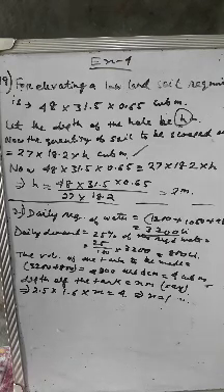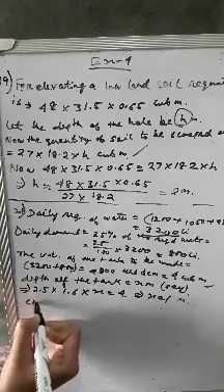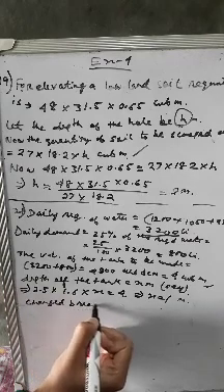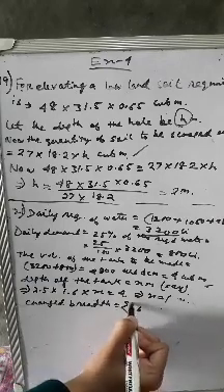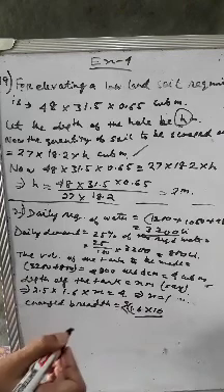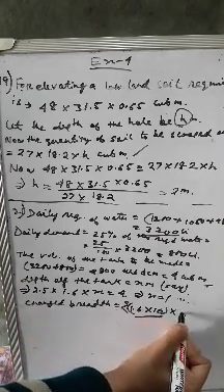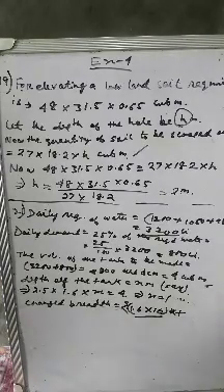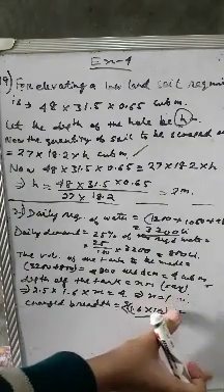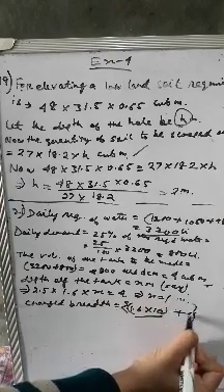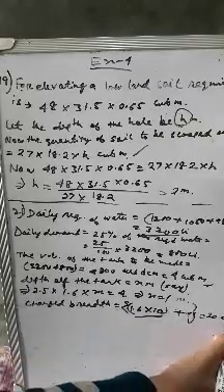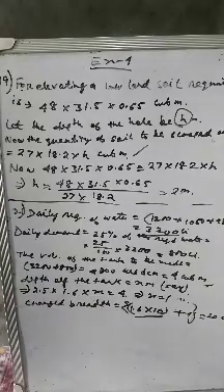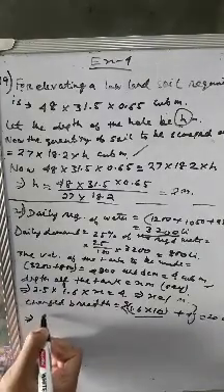If the breadth be 4 decimeter more, then changed breadth equals 1.6 into 10, this is the conversion part, students, that's why I am multiplying it by 10, plus 4, which will give you 20 dcm.